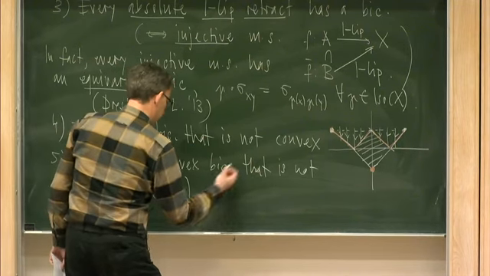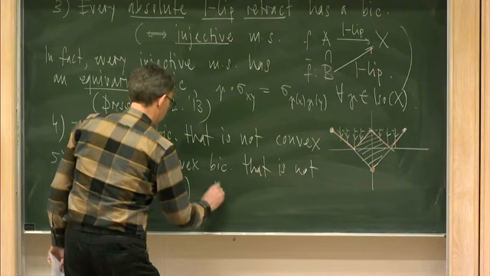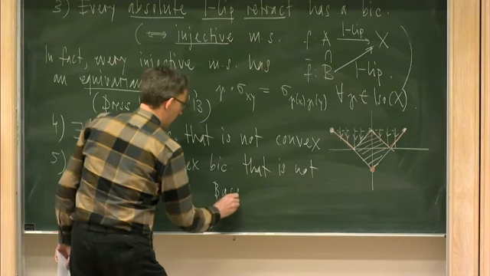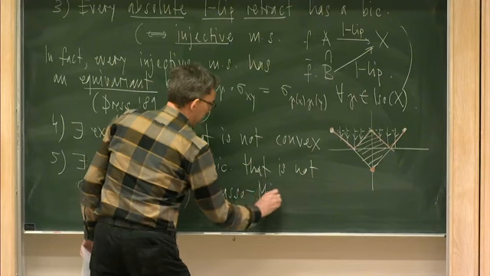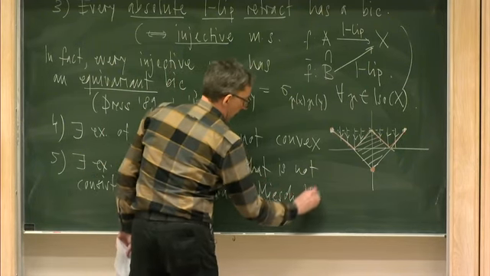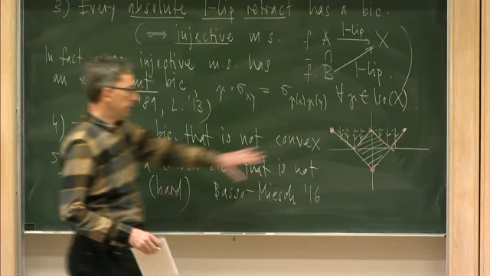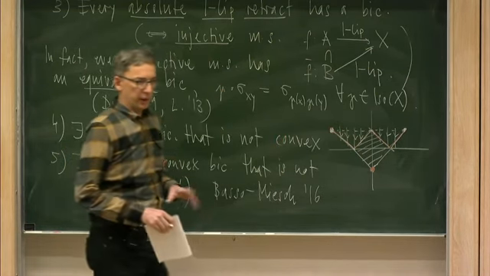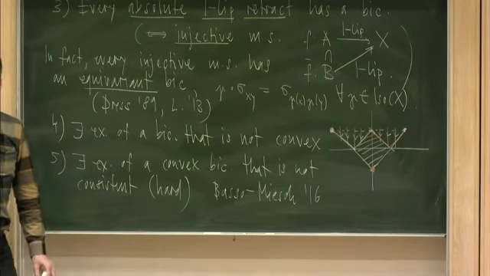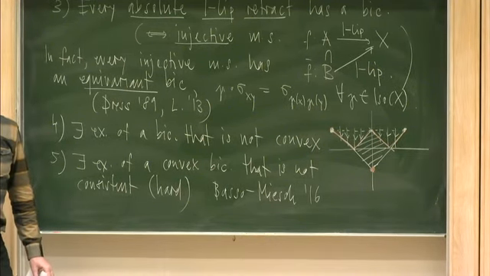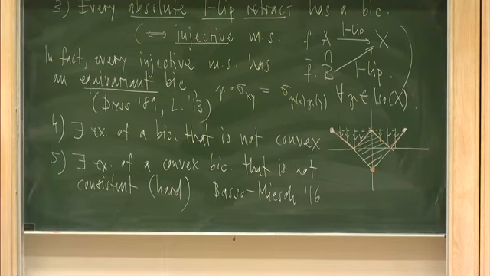Two students of mine worked it out, Giuliano Basso and Benjamin Miesch, in a paper on the arXiv last year. The idea is similar as here, but it's much more delicate, and you have to make very tedious computations to check that all these functions are convex. Right? But it's not consistent.